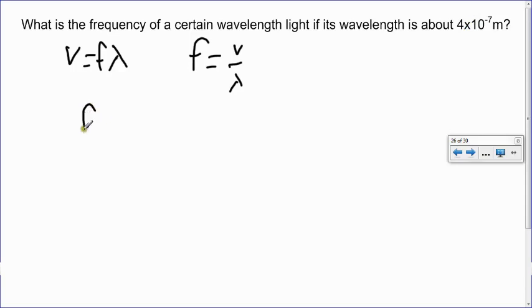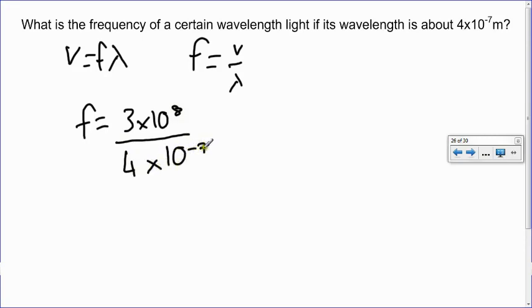So let's see, frequency is my velocity, 3 times 10 to the 8, that's divided by the wavelength. Okay, so 3 divided by 4, 0.75.